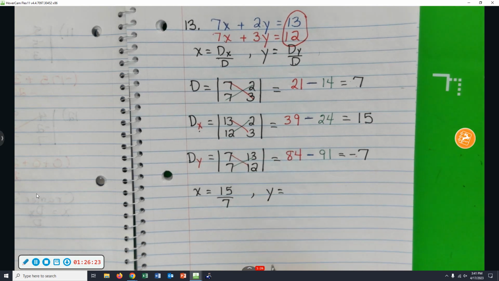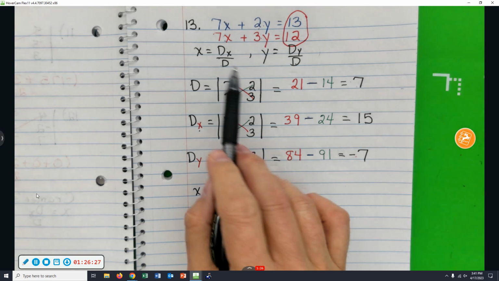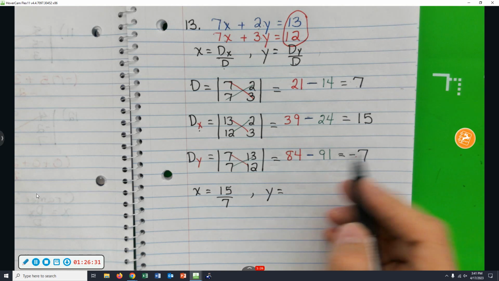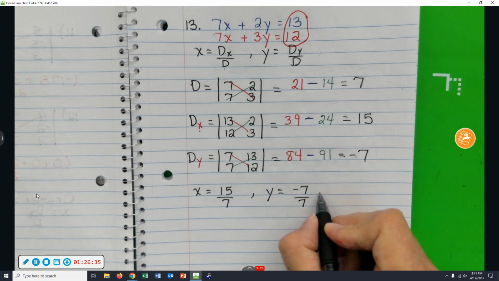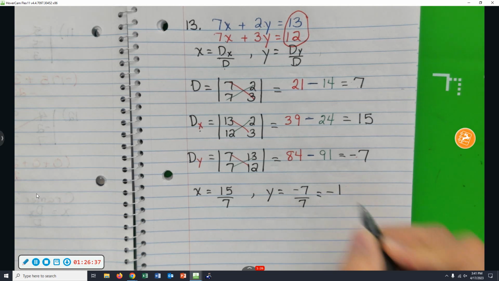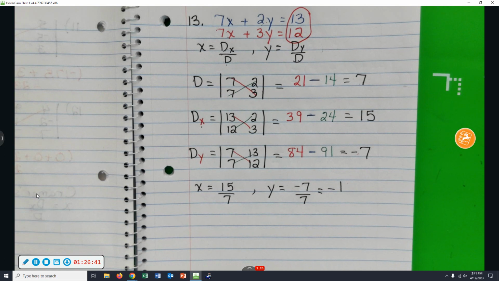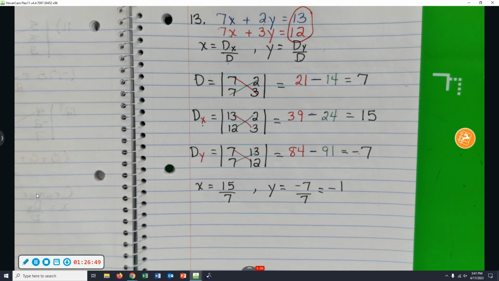Y is dy over d, negative 7 over 7, which we can reduce to negative 1. So it's another way of solving a system of equations.